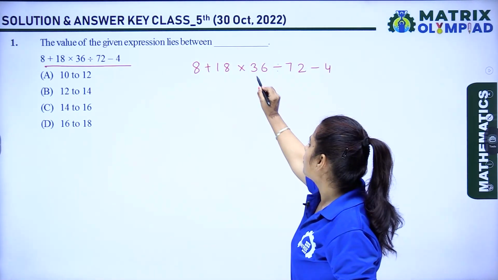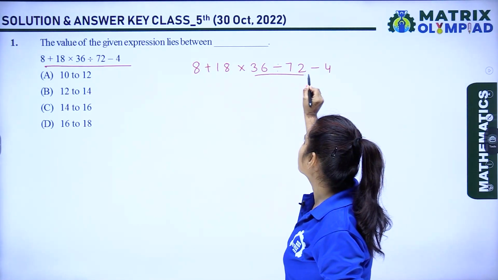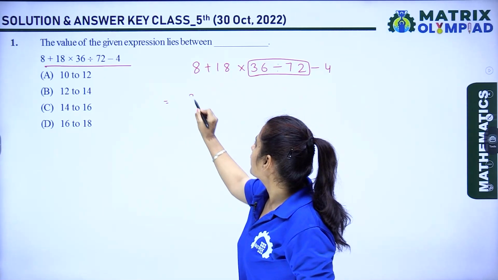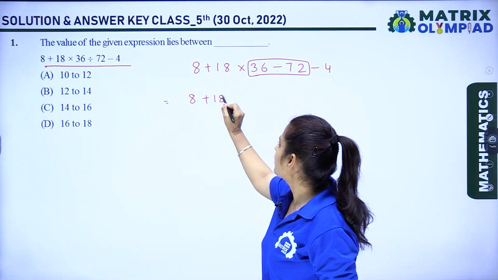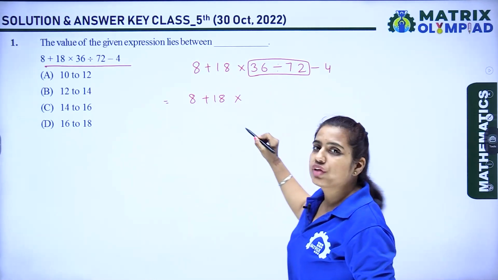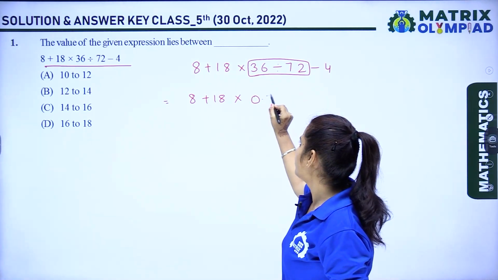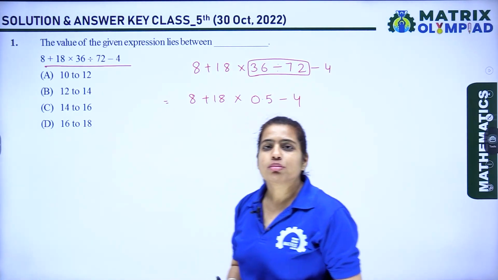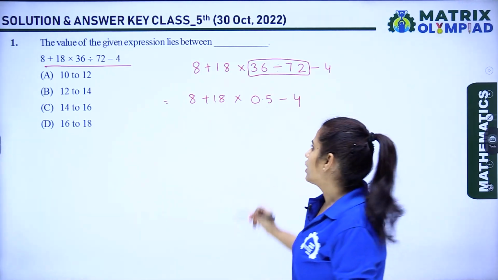So according to BODMAS, we have to first do the division part. So according to that, we get 8 plus 18 multiplied by 36 divided by 72, we get the answer 0.5 minus 4. Now, in the BODMAS rule, after division, we get multiplication.